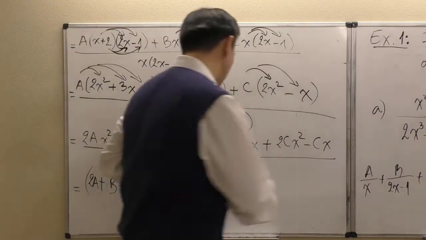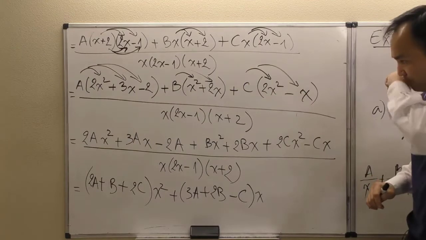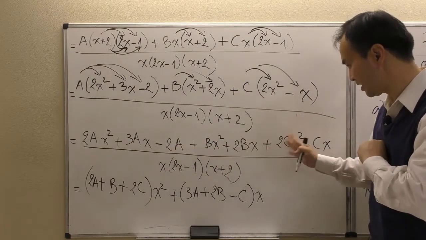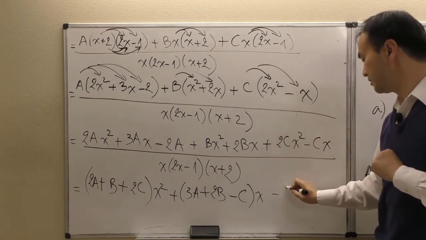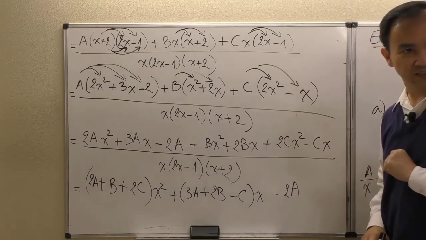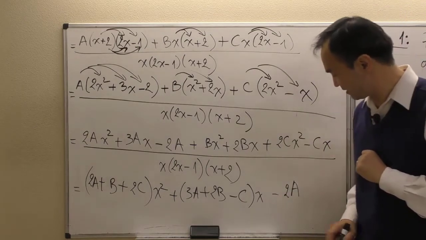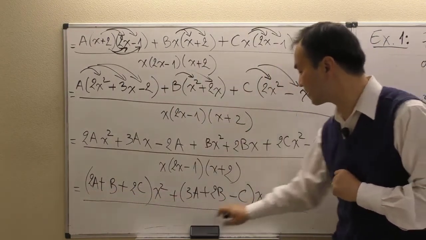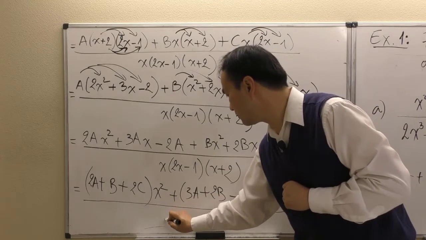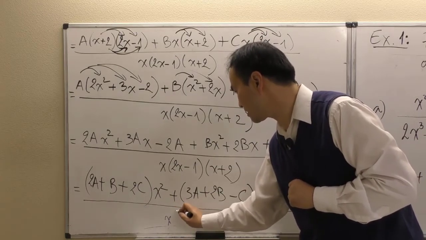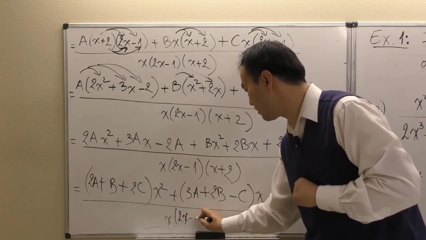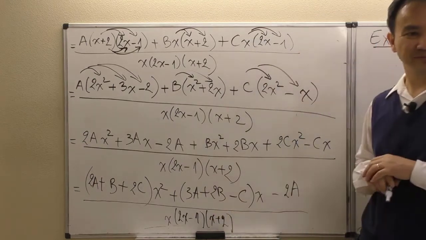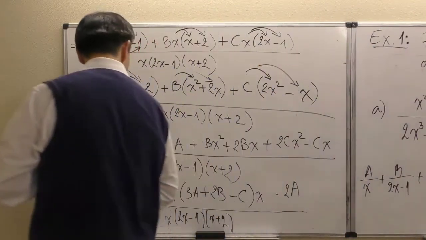And then the last one, minus 2a, and that was the non-x term, the constant term. And all of that is going to be over the entire LCD, x times (2x minus 1) times (x plus 2). Okay, and that's how it happens.